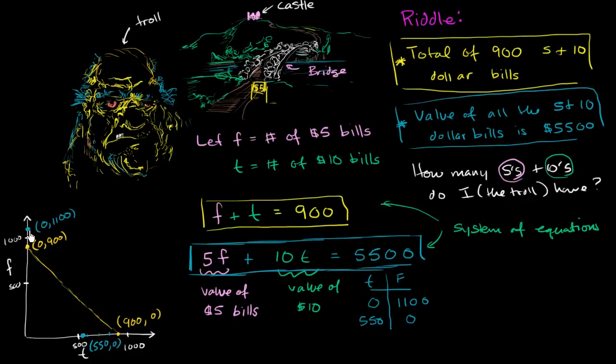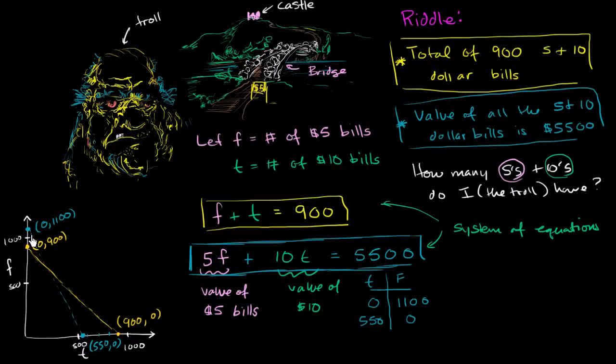And all of these points, let me try to draw a straight line again. I can do a better job than that. Let me try one more time. We want to get this right. We don't want to get pushed into the water by the troll. So there you go. That looks pretty good.